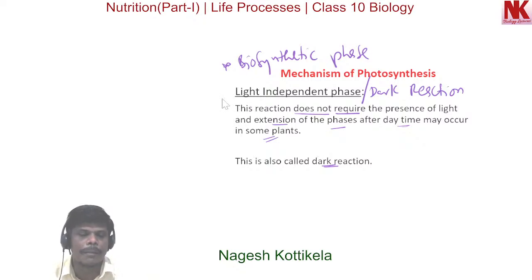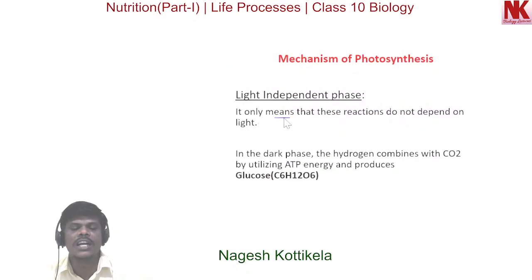So this is about light independent phase. Important: these reactions do not depend on light, okay. In the dark phase, the hydrogen combines with carbon dioxide by utilizing ATP energy and produces glucose.